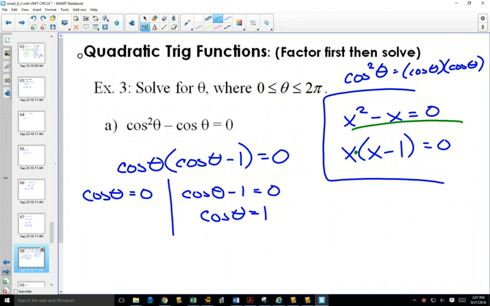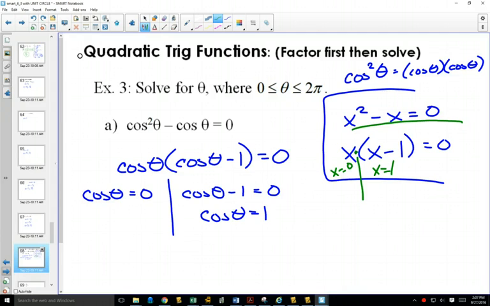I don't think you would have got that one. But one of them has to be 0. And since one of them has to be 0, either the first one is equal to 0, and that's our first solution, x could be 0, or our second one could be 0. What would make the second one equal to 0? When x is equal to 1. That's why we factor.